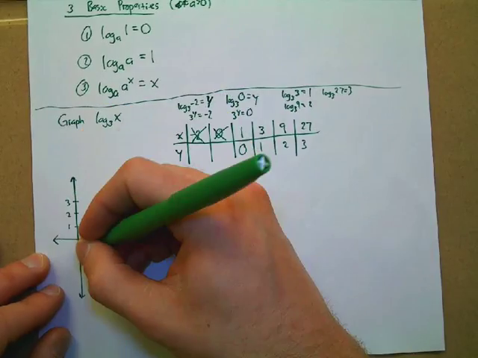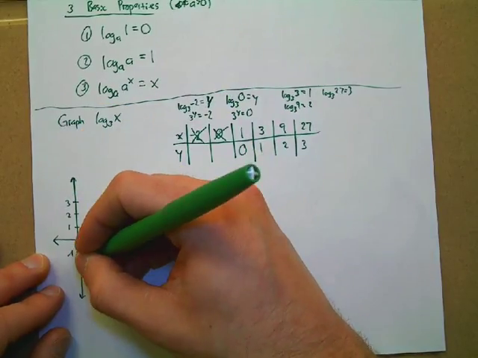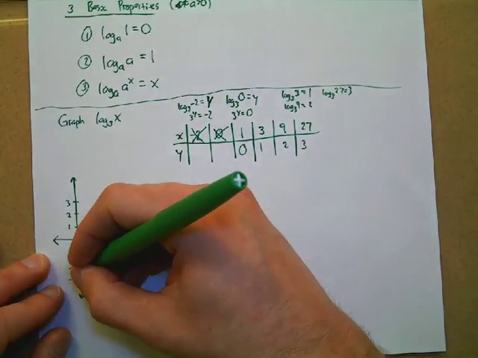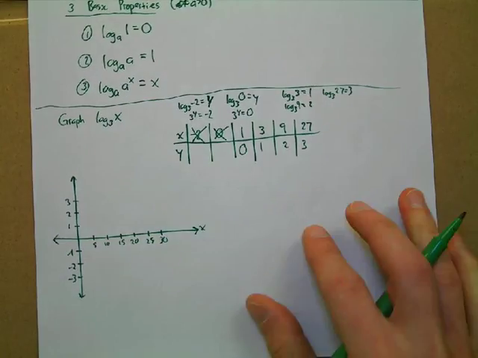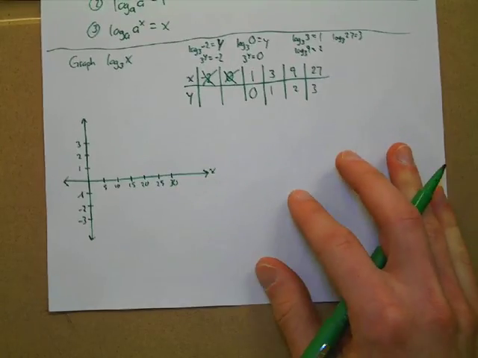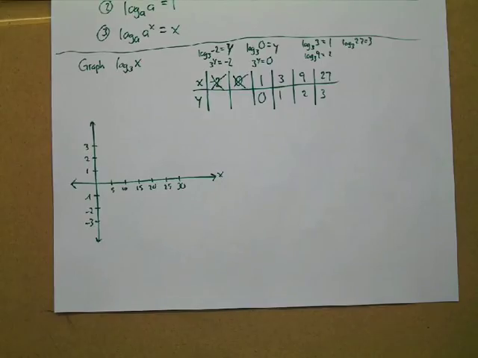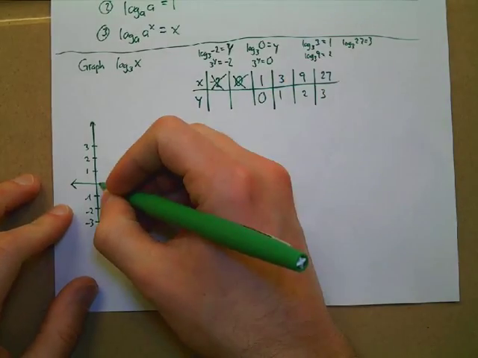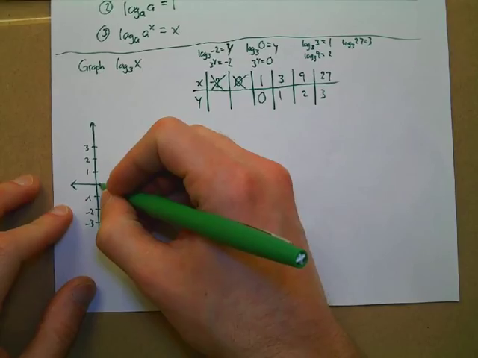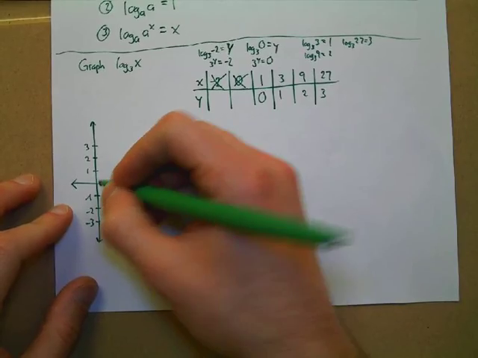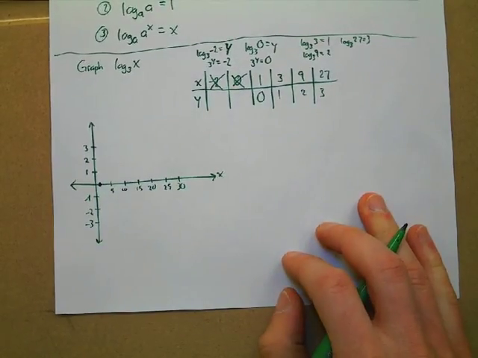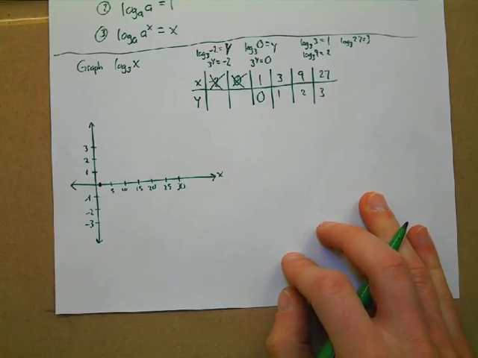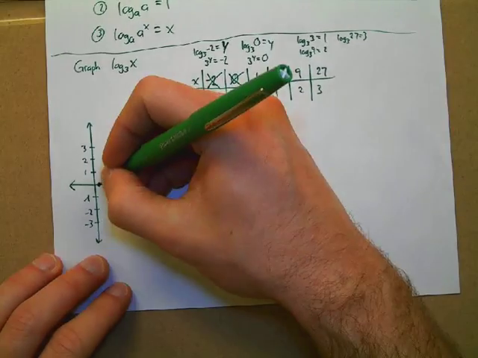So we'll plot some points here. 1, 0. Okay, x value of 1, y value of 0. Next we have 3, 1. So again, 3 is going to be closer to 5, but now up this much. All right, 9, 2. Okay, and then 27. So we'll say 26, 27 there, and then 3.